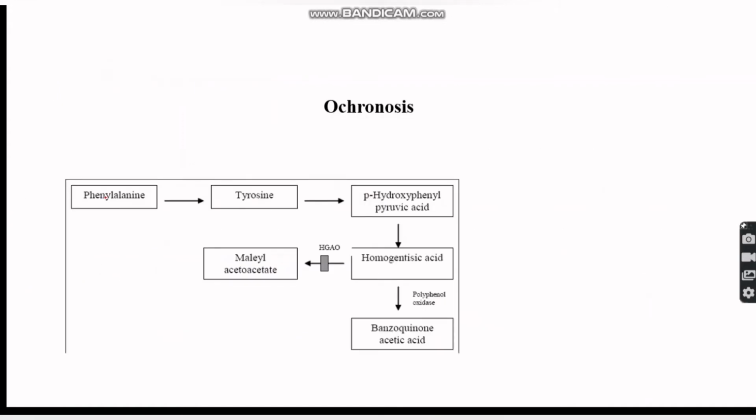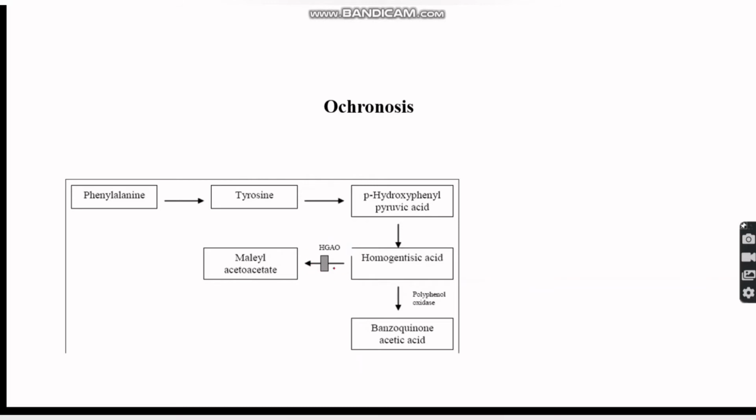Normally phenylalanine is converted into tyrosine, which in turn is converted into para-hydroxyphenylpyruvic acid, then produces homogentisic acid and then maleylacetoacetate and so on. So in Alkaptonuria, the enzyme homogentisic acid oxidase is defective.